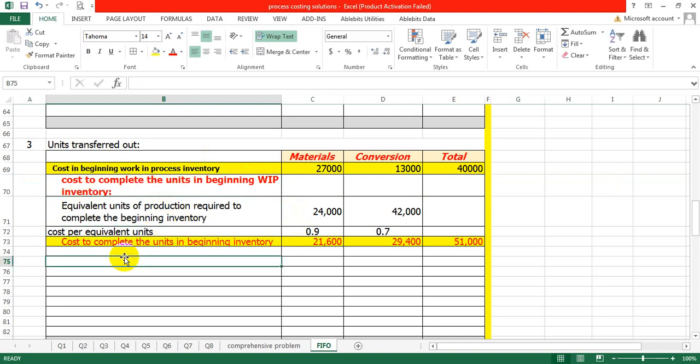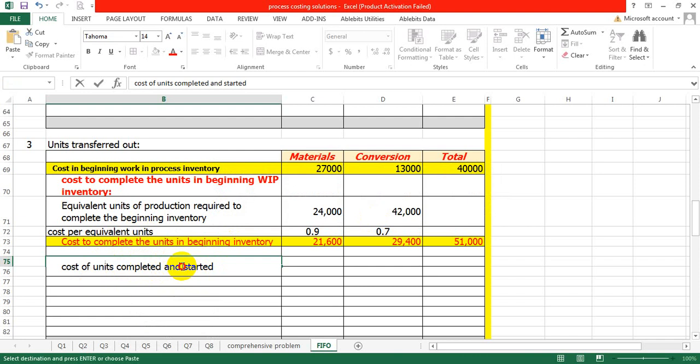Okay, these two are calculated. Now we will calculate the cost of units started and completed this period.